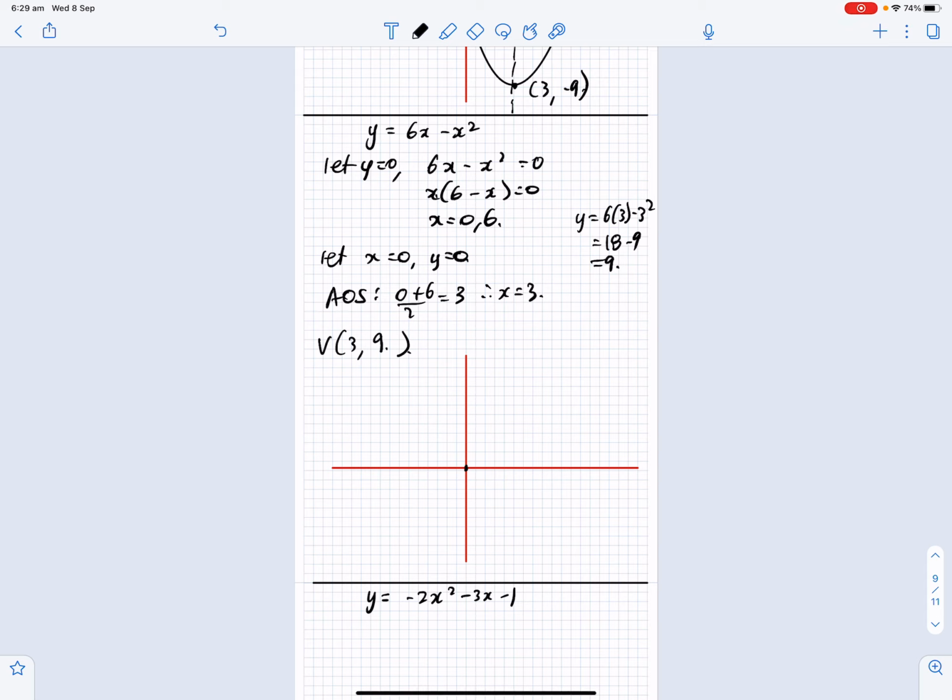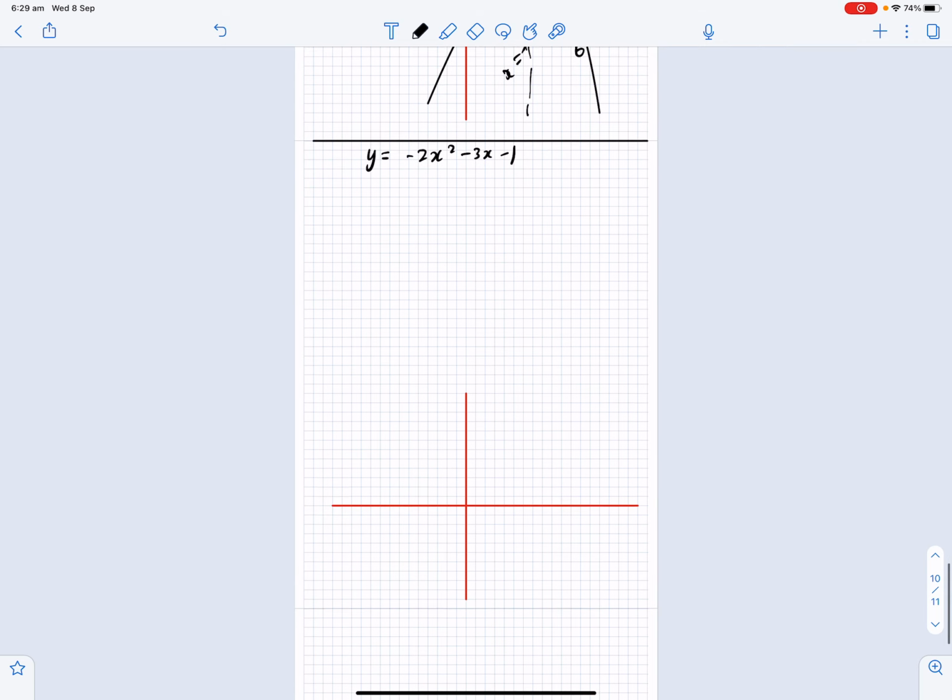Okay, so it cuts the x-axis at 0 and 6, and the y-intercept is actually through the origin. So this is all starting to make sense now. That's what it looks like. 0 and 6. Your vertex is going to be 3, 9. It's an upside down parabola, and your axis of symmetry is at x is equal to 3. And you're done.